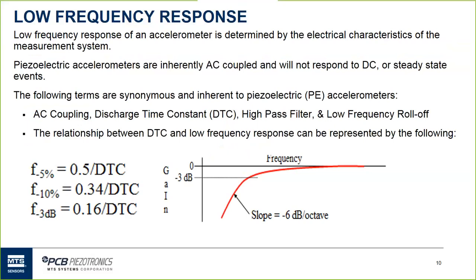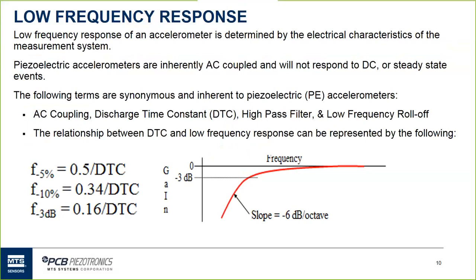Although this presentation does not get into the detail of discharge time constant, be aware of it and be aware of effects of AC and DC coupling, and those are things we can talk about at another presentation if desired.